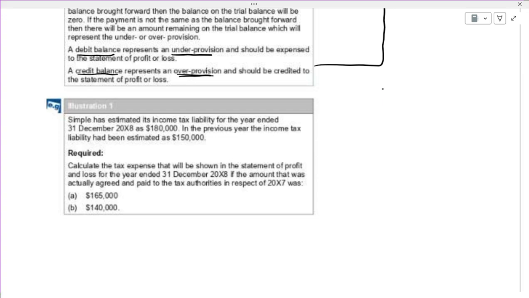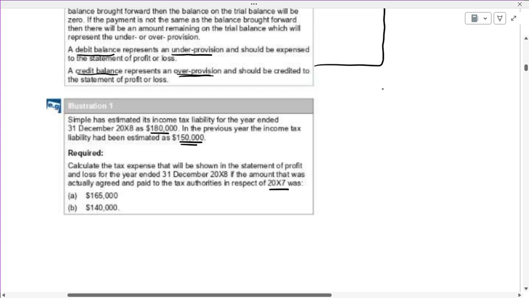Now, Simple has estimated tax liability of 180 for the current year. In the previous year, they estimated a tax liability of 150. Calculate the expense that will be shown in the profit and loss account if the amount actually agreed and paid in respect of 2007 is 170.